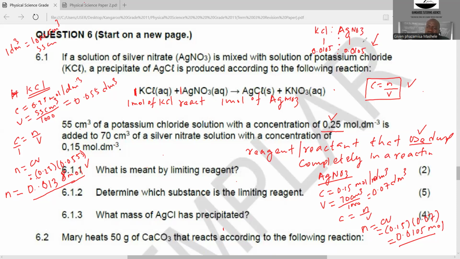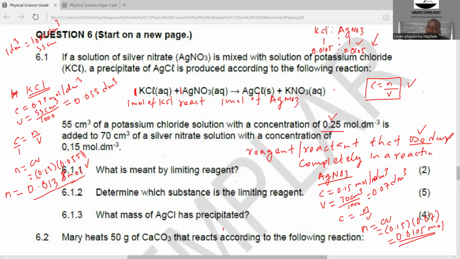So if silver nitrate uses 0.0105 moles, potassium chloride will also use 0.0105. It means silver nitrate is going to be used up.